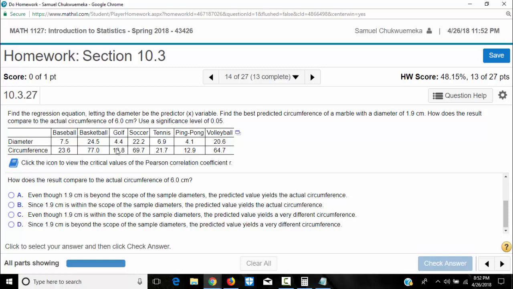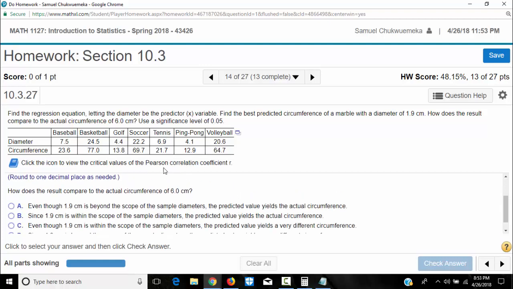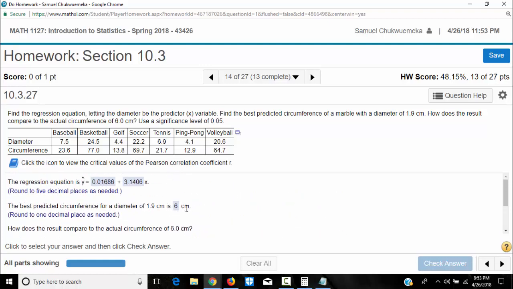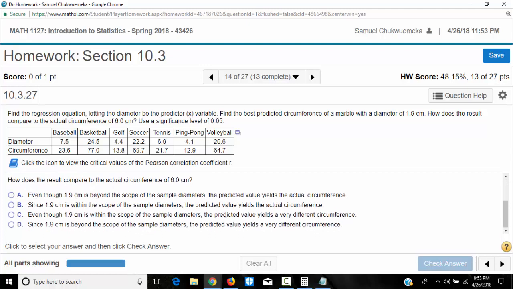So yes, 1.9 is beyond the scope, but the predicted value actually yields the actual circumference. Wow. The other options say the predicted value yields a very different circumference. It did not. It yielded the same. The predicted one is 6 and the actual one is 6.0. Is the same. So A is the correct option here.